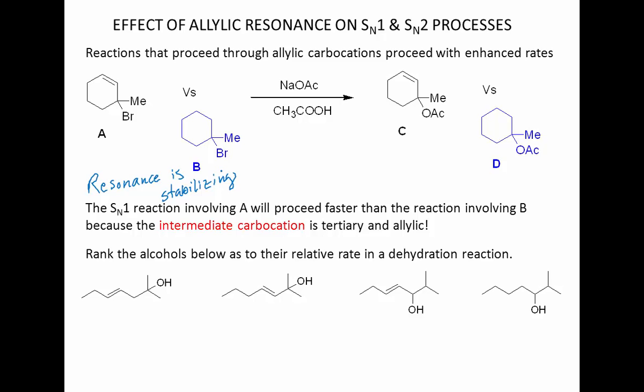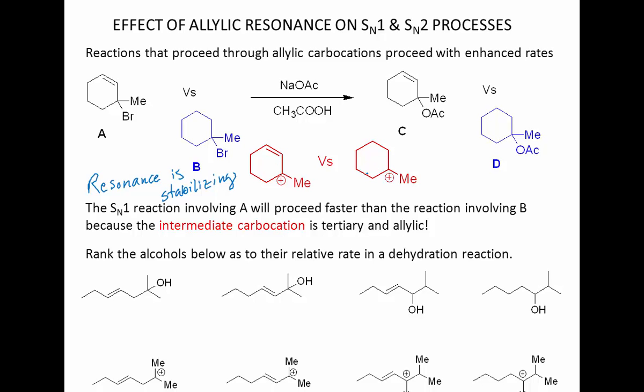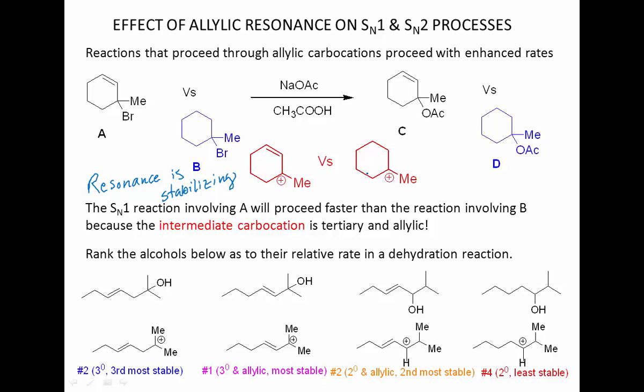All right, so if we look at the carbocations, sorry, I should have animated that one a little, but here we see that reaction A is faster because it involves a tertiary allylic carbocation versus just a simple tertiary. Tertiary allylic is better than tertiary. Okay, so in this last reaction here, we're going to predict that this one right here is going to be our fastest.